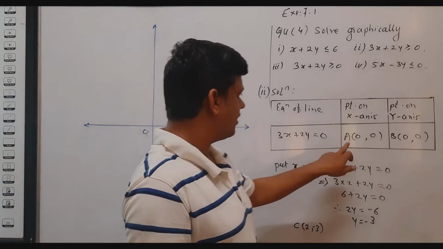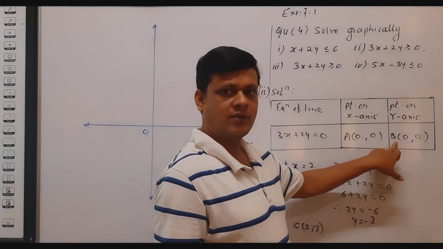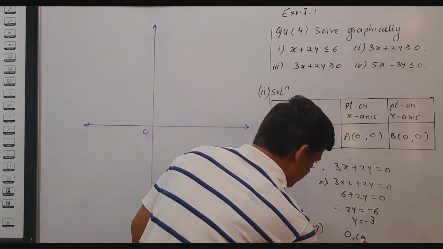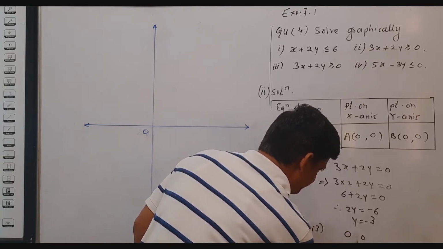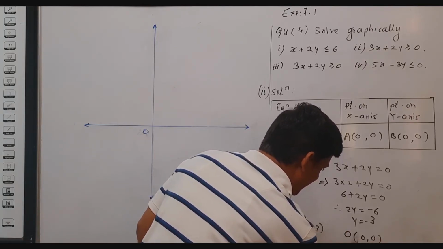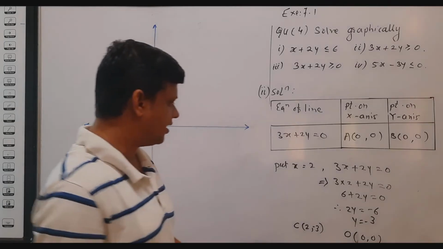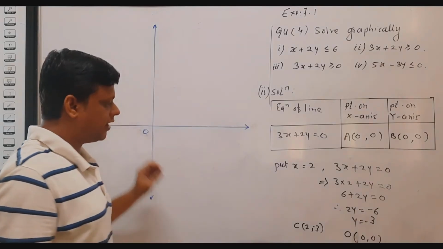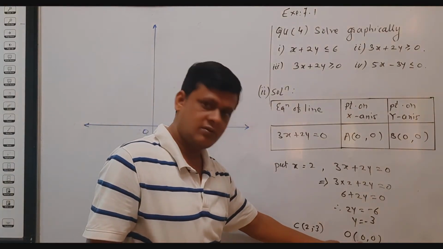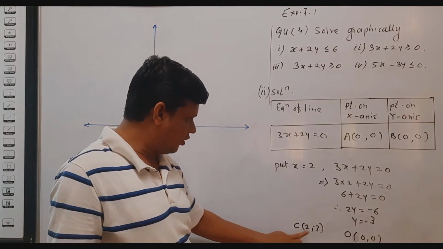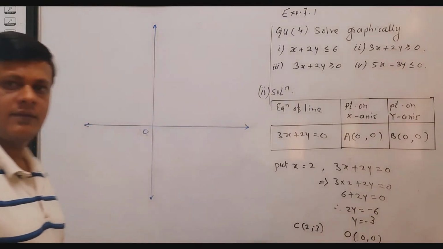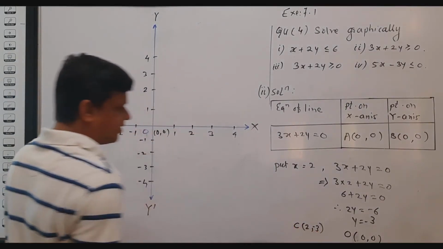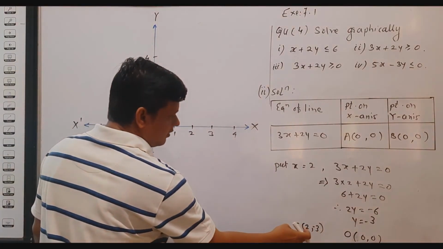So we take this point, A or B, both are the origin. So we get O of 0, 0 as one point and C as another point for drawing this line on the graph. So we use one point as the origin and another point as C of 2, minus 3. Here the maximum values are minus 3 and plus 2.